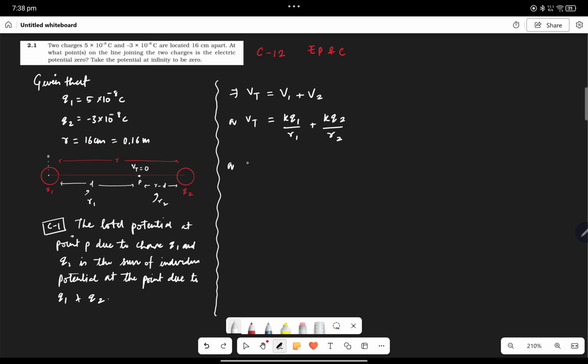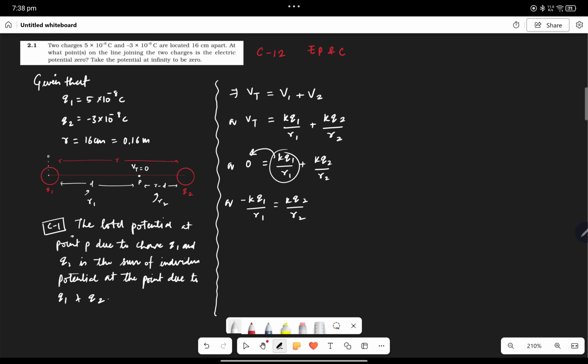So I am writing 0 is equal to kq1 by R1 plus kq2 by R2. Now I am rearranging this equation, that is minus kq1 by R1 is equal to kq2 by R2. I have just taken this term to the left hand side.